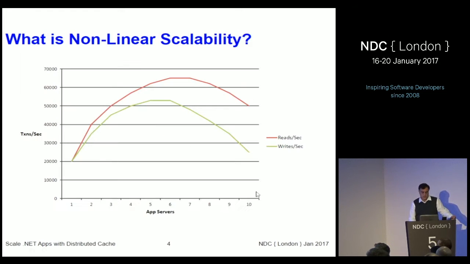If you don't, then you have a non-linear scalability, which means that after a certain number of servers, adding more servers actually slows things down, so you're stuck pretty much. You can't really buy your way out of this. So you obviously don't want non-linear scalable solutions.